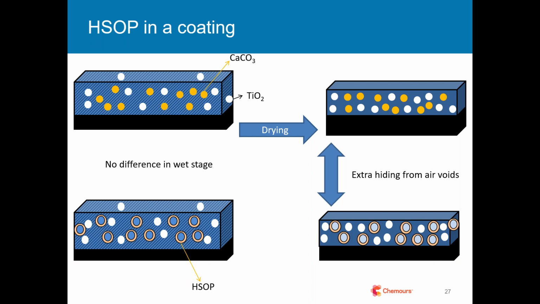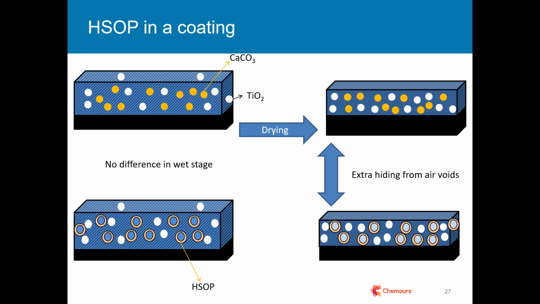An additional parameter here that's important. We talked already a few times about the importance of the difference in refractive index. What you see here in the upper part is that titanium dioxide is surrounded by binder system, so refractive index 1.5, while here in the lower example with the HSOP, the titanium dioxide is in the neighborhood of an air bubble, basically. Air refractive index of 1.